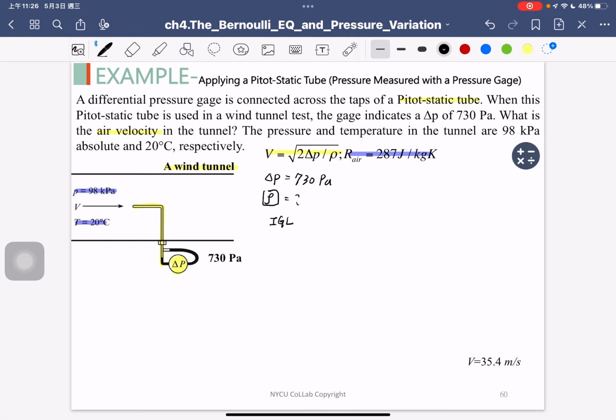Based on the ideal gas law, the absolute pressure is equal to rho R T. We don't know the density, but the other parameters we know.